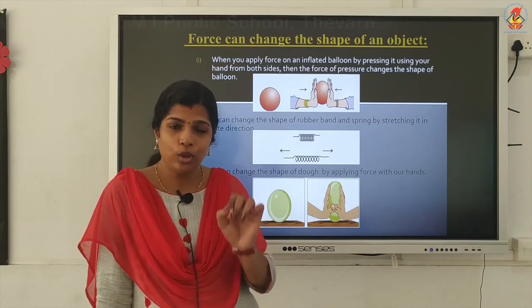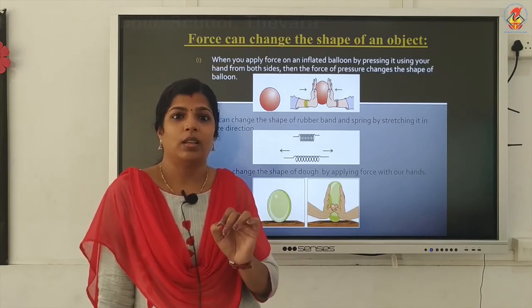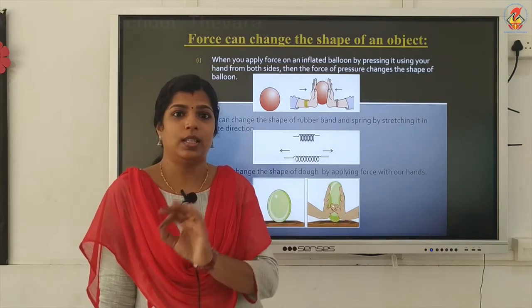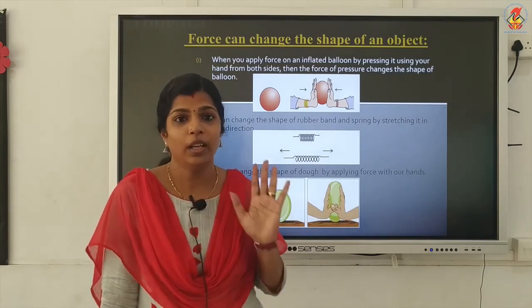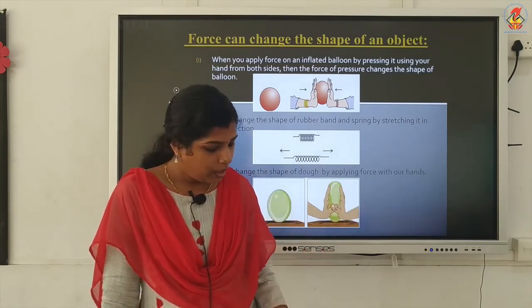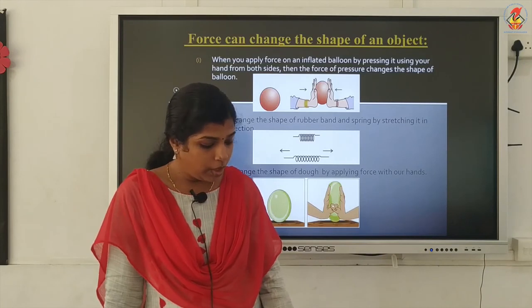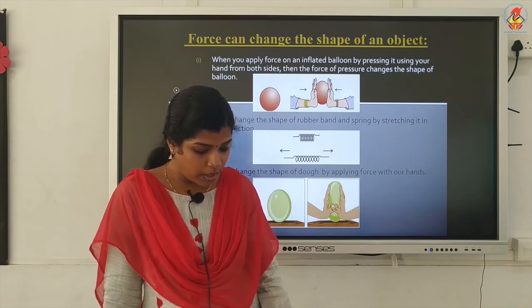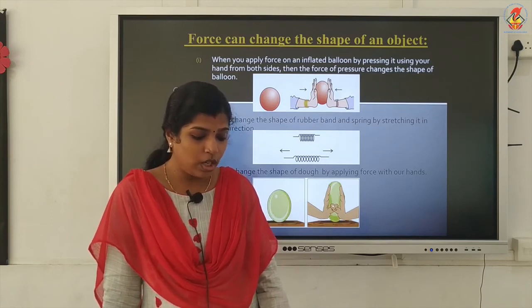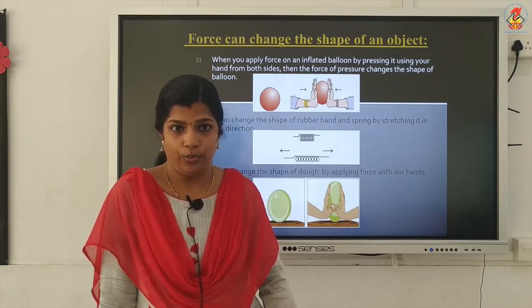If you want to change any of these things, you need to apply a force. An object cannot move by itself, it cannot change speed by itself, it cannot change direction by itself, and its shape cannot change by itself.